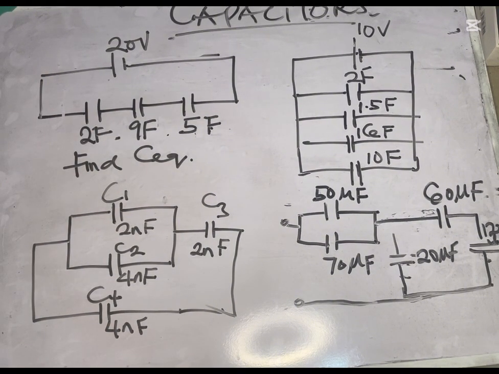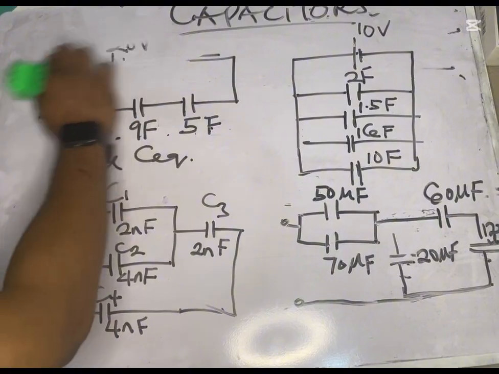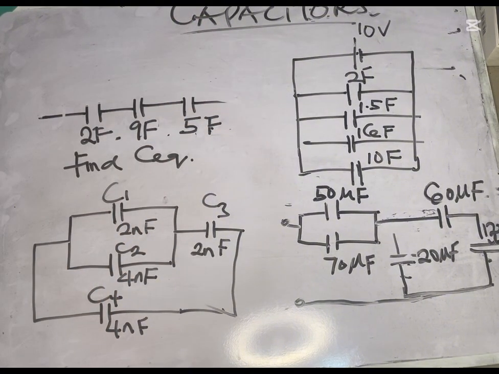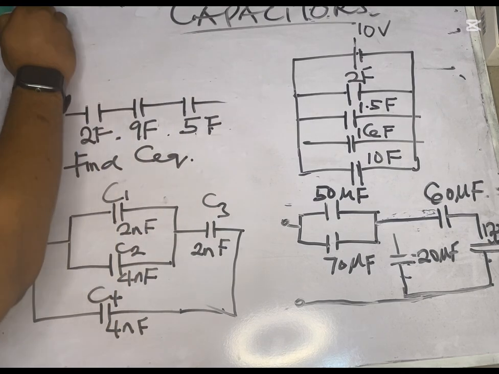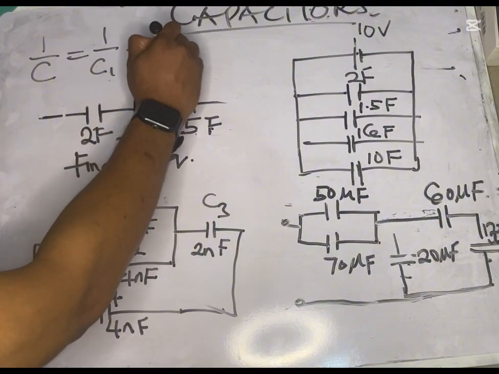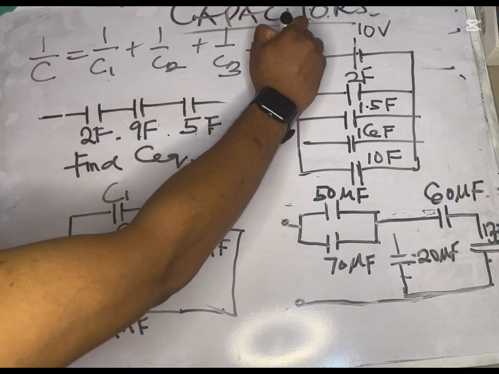To solve total capacitance in series is actually just like the one in parallel for resistors. What do I mean? Look at these. We are only told to look for the total capacitance. So it is basically 1 all over C equals 1 over C1 plus 1 over C2 plus 1 over C3 plus dot dot dot 1 over Cn.